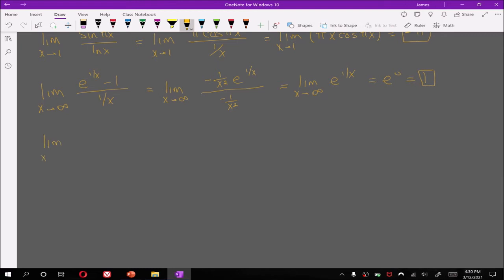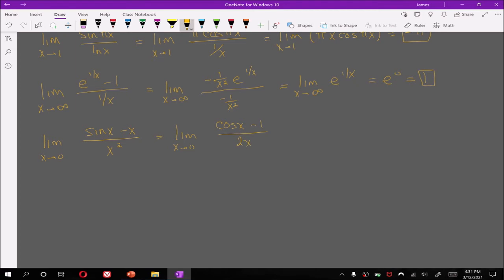Now let's consider the limit as x approaches 0 of sine of x minus x all over x squared. If we plug in 0 here, we're going to get 0 over 0, so L'Hopital's rule. Derivative of the numerator, cosine of x minus 1, all over the derivative of the denominator, which is 2x.